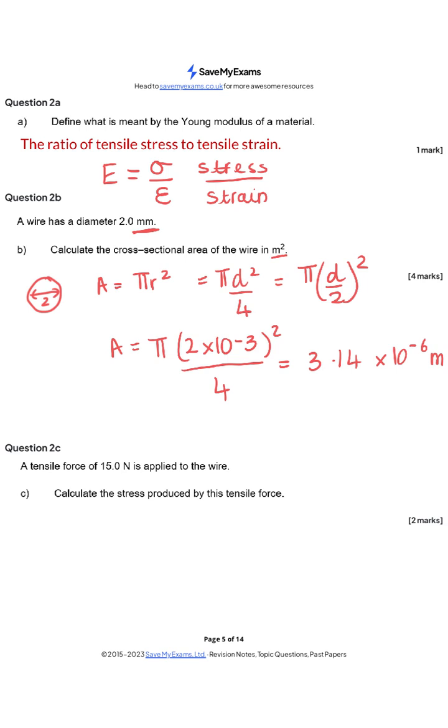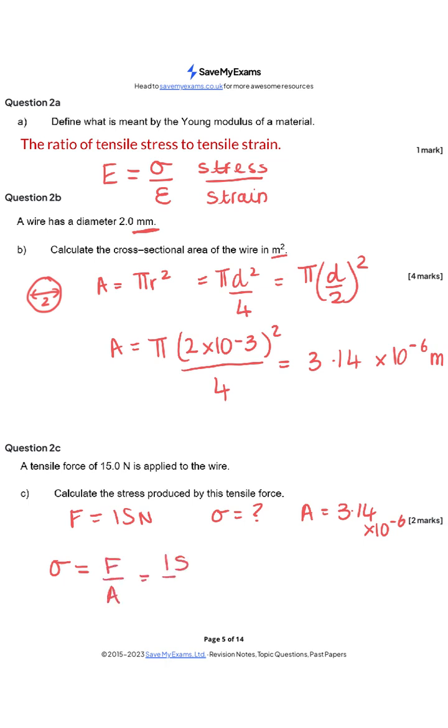Question 2c, we've been given a force of 15 newtons. Tensile again means just that we're stretching it, and we need to work out the stress. From above we have the area, 3.14 times 10 to the negative 6. So we're going to use our equation for stress, which is force divided by area.